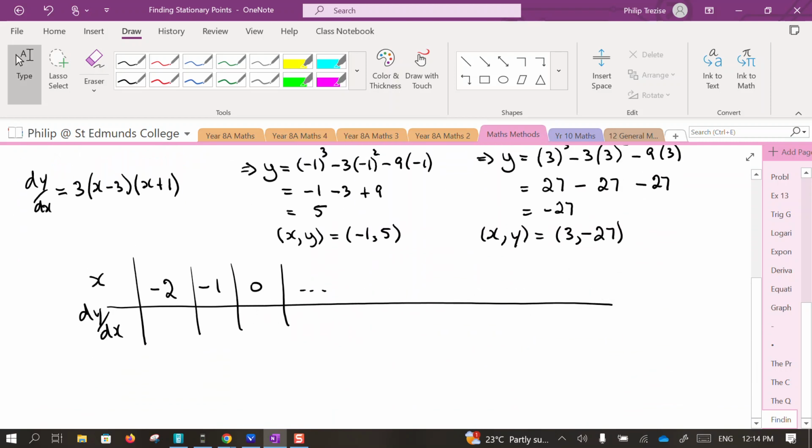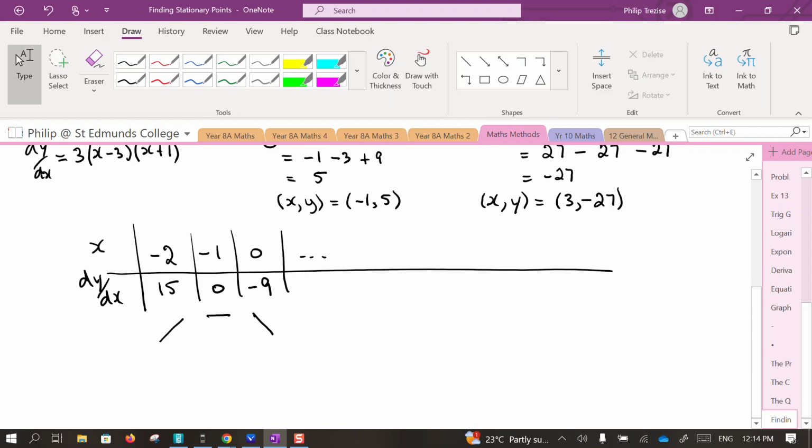And when I do substitute those numbers, negative 2 substituted into this gives the value 15, negative 1 gives the value 0, and 0 gives the value negative 9. Those numbers represent the gradient. So a positive 15 means the graph is rising, 0 means the graph is horizontal, and negative means the graph is falling. That stationary point certainly looks like a local maximum.